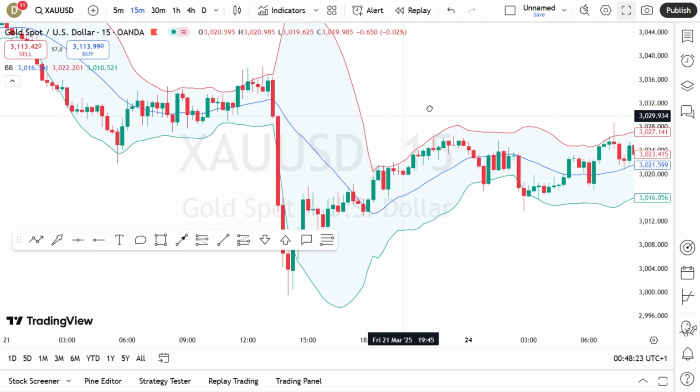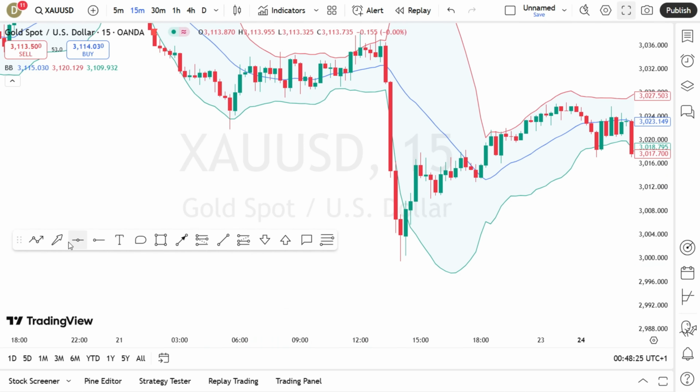So we wait for price to touch the lower band when you are buying. So listen very carefully. When there is high volatility in the market, we have the three bands. We have the upper band, the middle band, and the lower band.